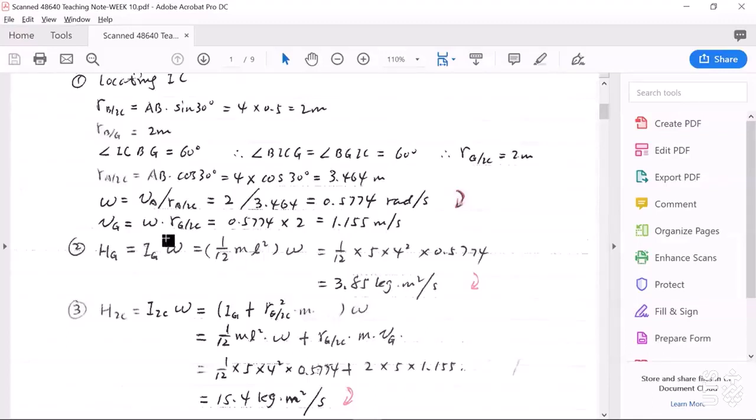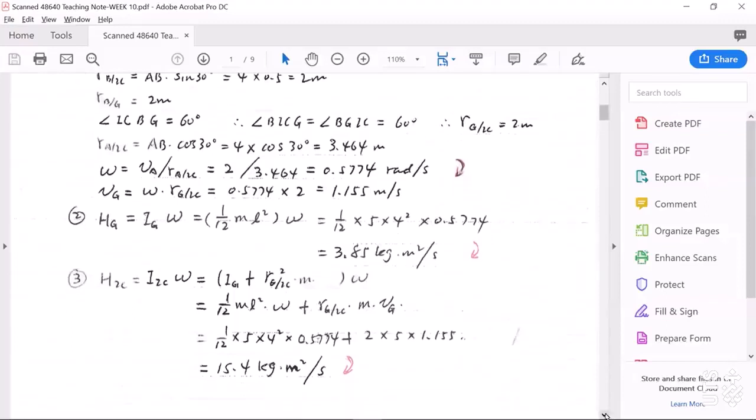Use Ig times omega, we can work out the magnitude of Hg. And this direction of Hg should be the same as the direction of omega, clockwise.